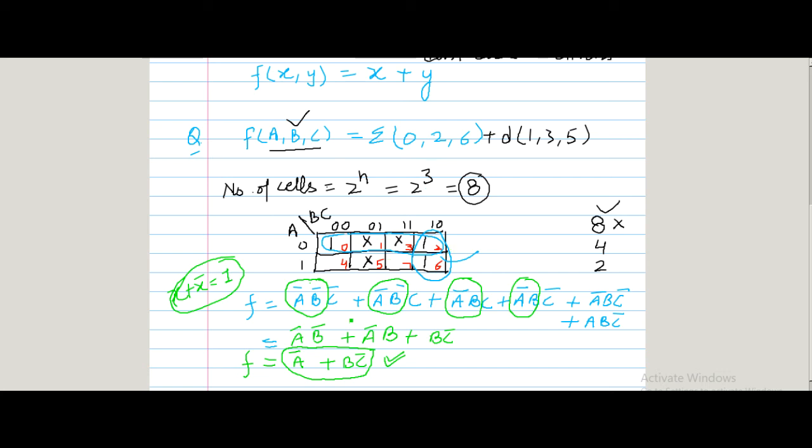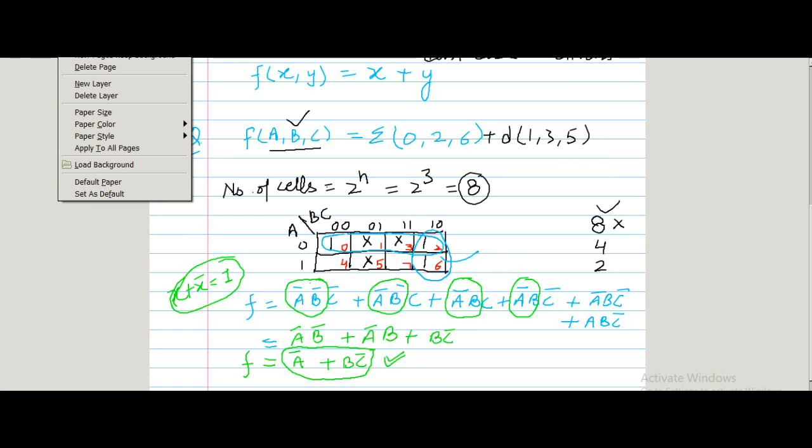Now I will take another page. I have a new page here. Let me write this expression again here: F is equal to A complement plus B C complement.